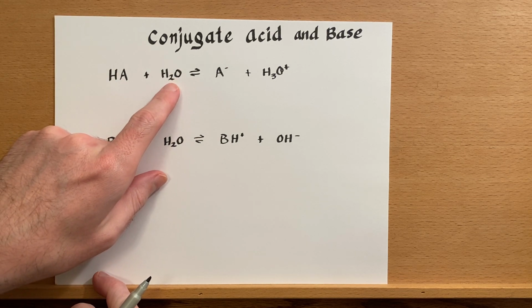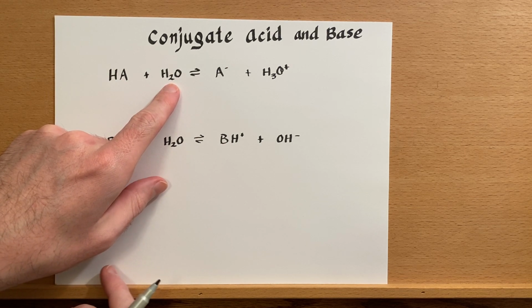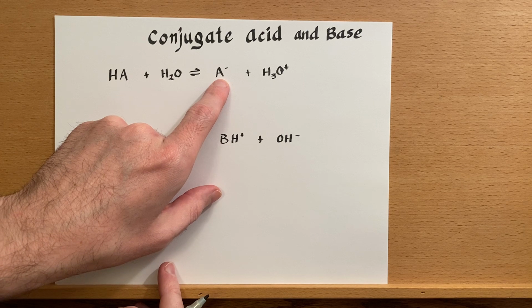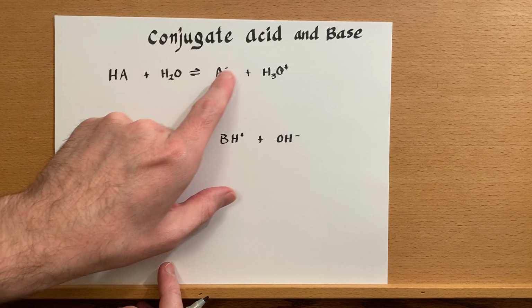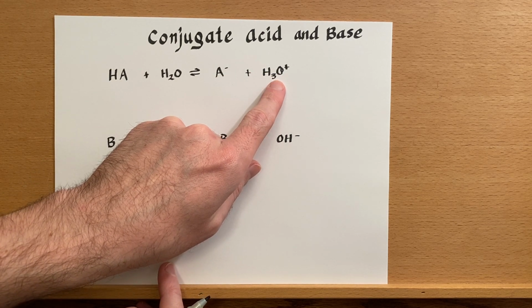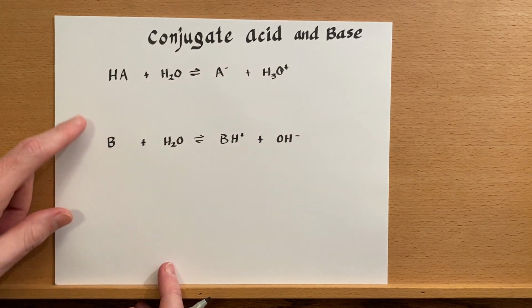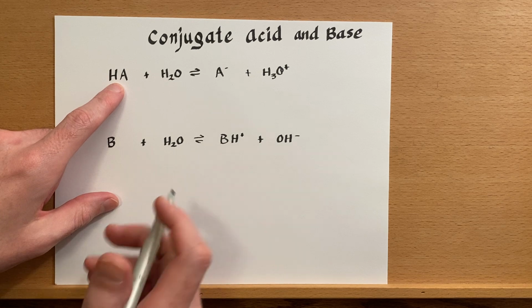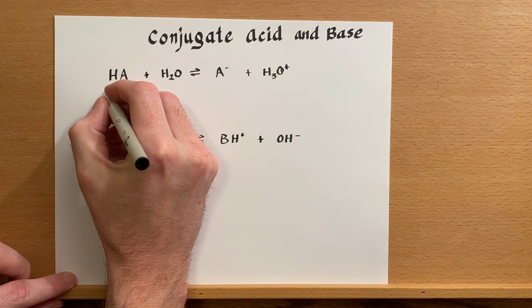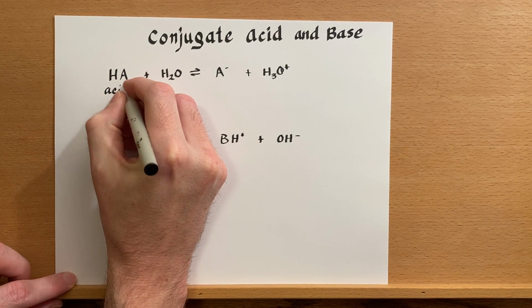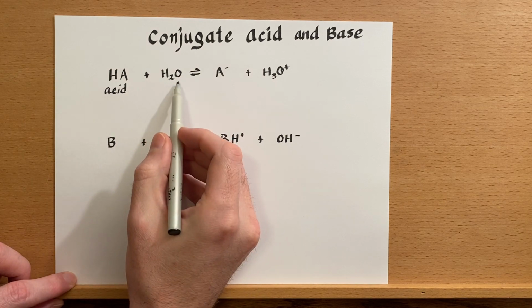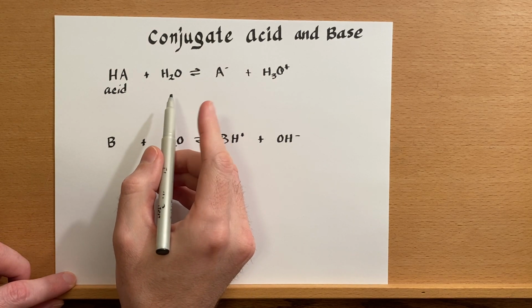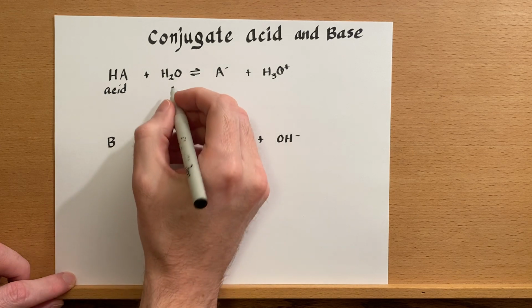And it's reacting with water to form its conjugate base form, A minus, and H3O plus. So in this reaction, HA is acting as our acid. Water is acting as a base because it picks up the proton.